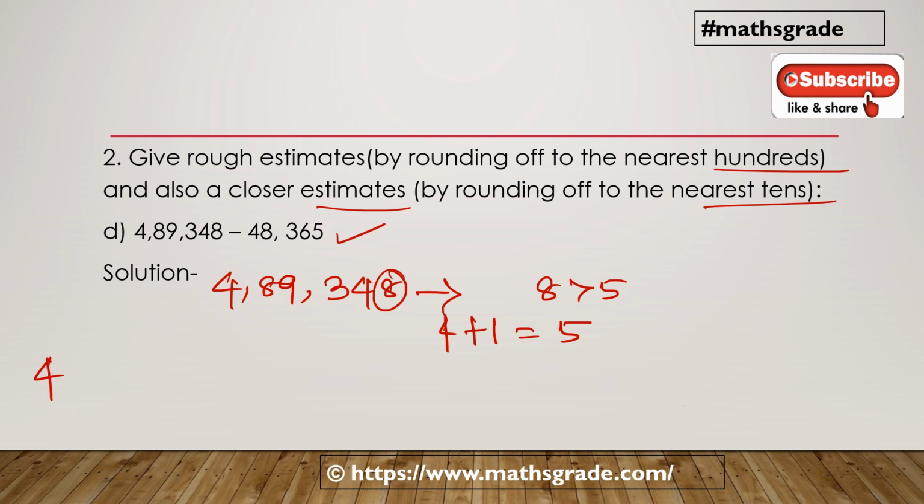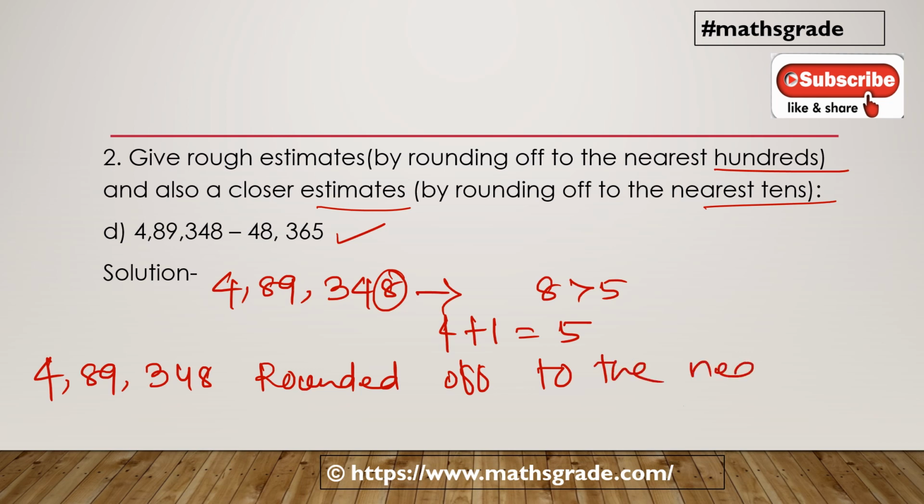So this number 4,89,348 rounded off to the nearest 10 is 4,89,350.